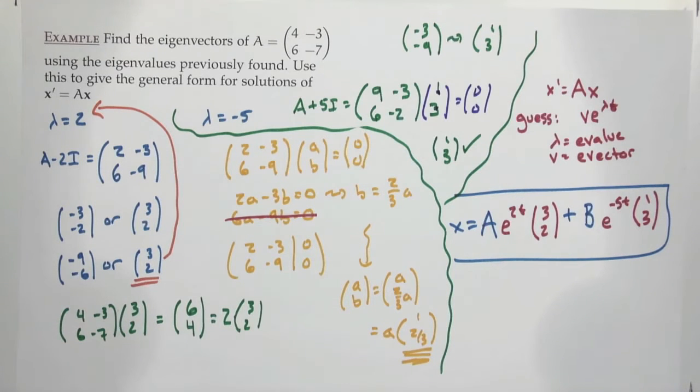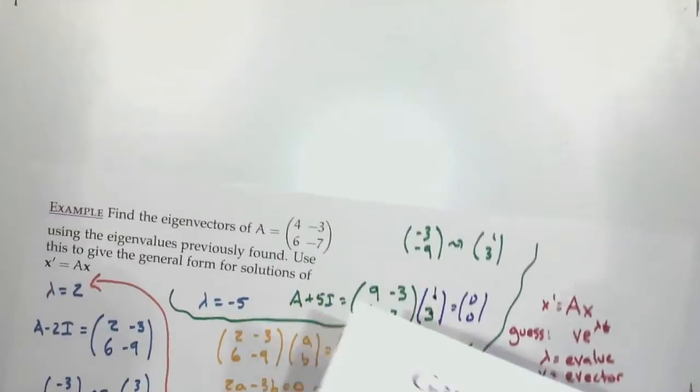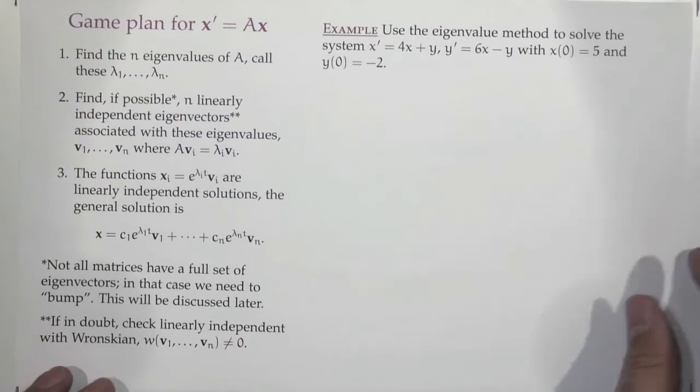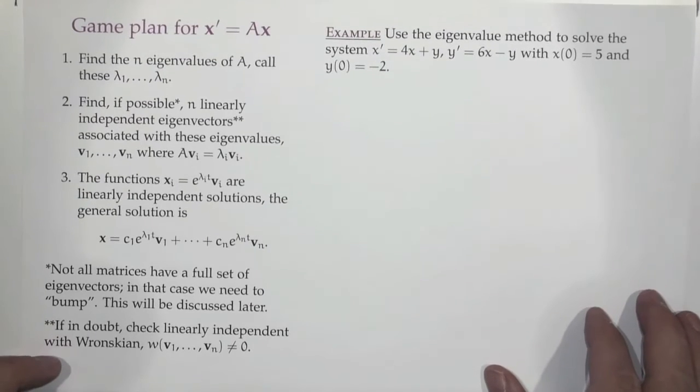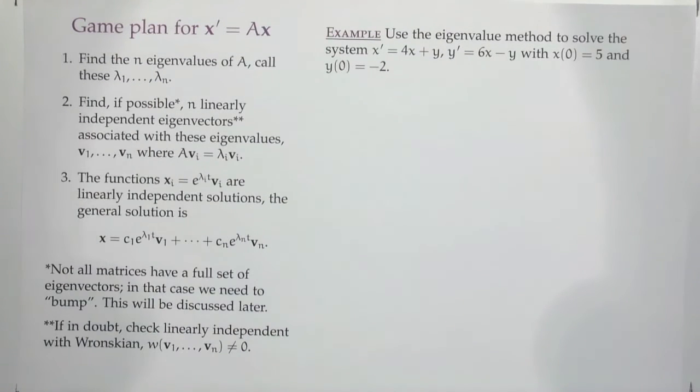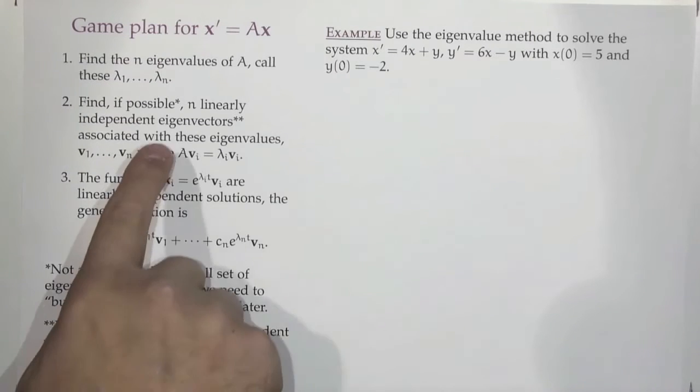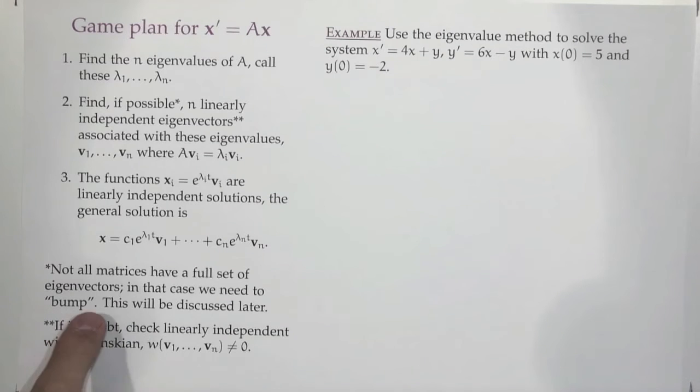So, to summarize, here's the game plan. If we want to solve x prime equals Ax, step 1, find the eigenvalues of A. Now, if A is an n by n matrix, you'll have n of them. So 2 by 2, you'll get 2 of them. If possible, find your eigenvectors. Now you might say, is it always possible? And then there's a nope.